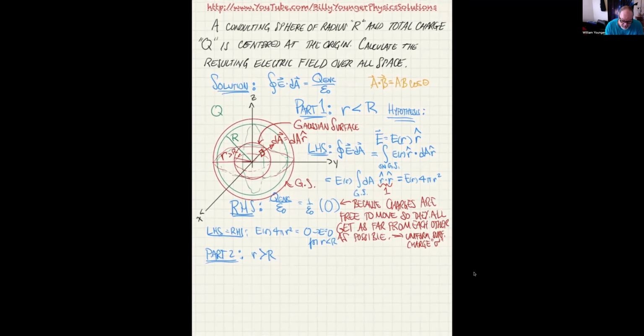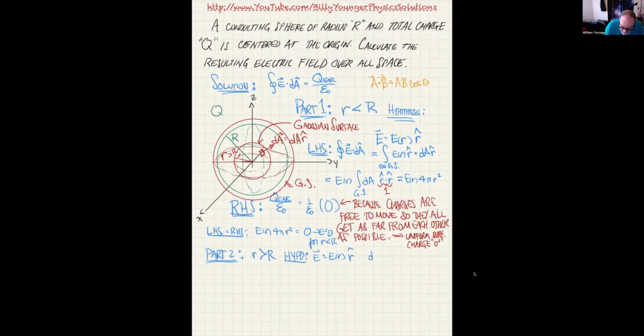Okay. Now we saw how everything played out. Our hypothesis is still the same. So I'm going to say hypothesis is that E is only a function of R, which is a distance from the origin, which is a distance from the center of the sphere, which really matters, times R hat.